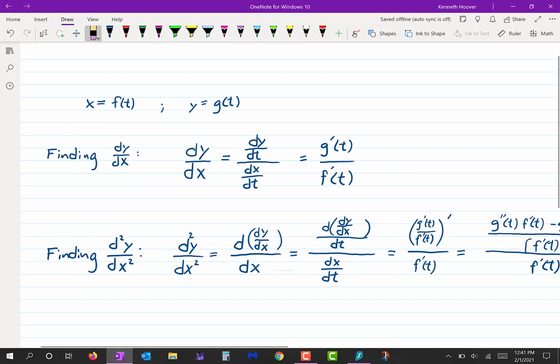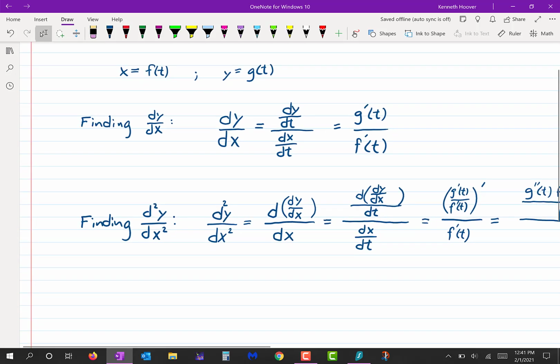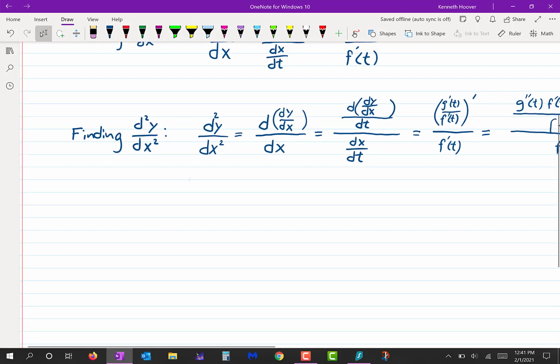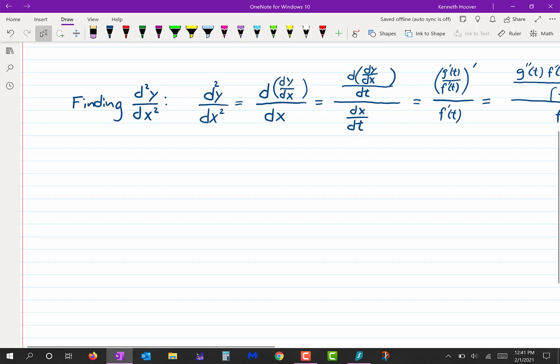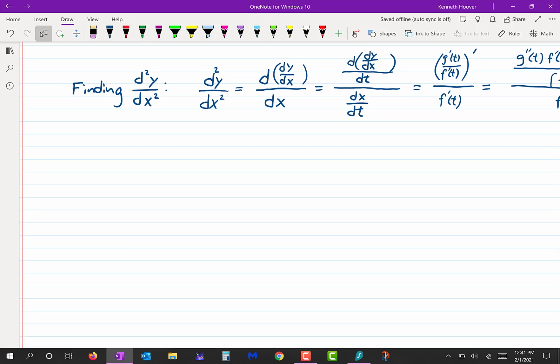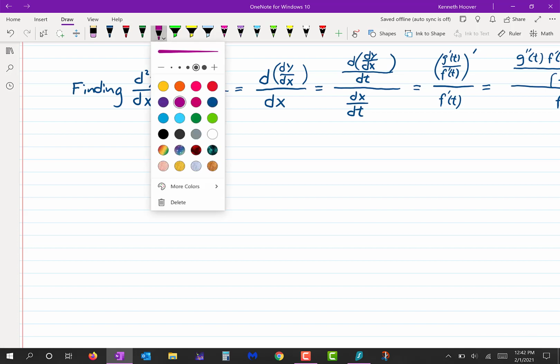Okay, so let's practice that previous example. Finding the second derivative. I don't remember the functions exactly that we did in that first example, but I remember basically.